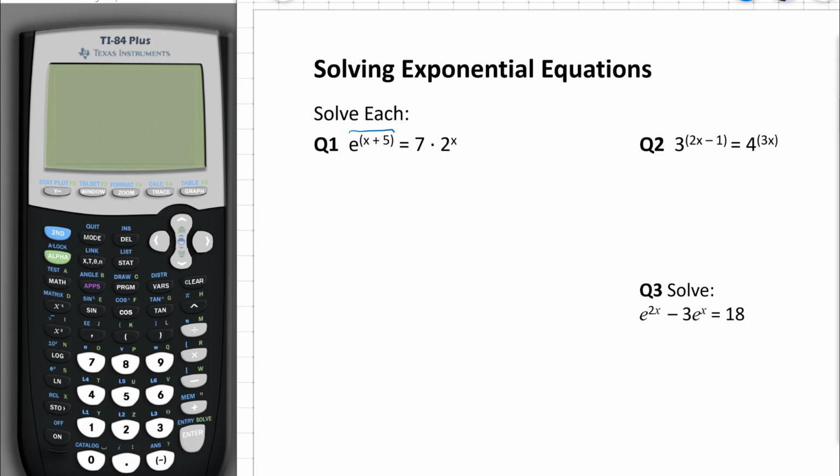So I can at least simplify this by using, since it's base e, natural log on both sides. And so natural log of e to the x plus 5 gives me this, x plus 5.